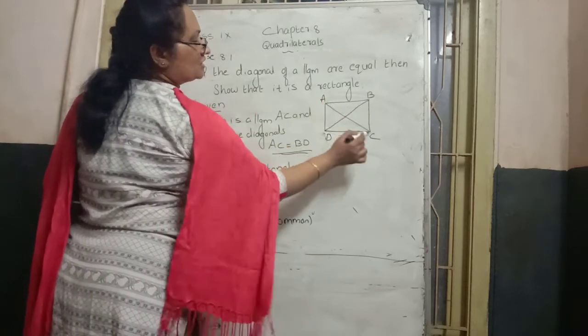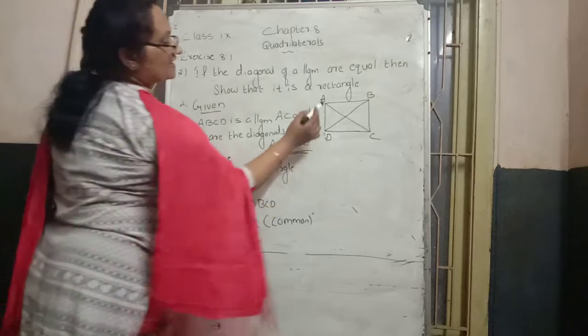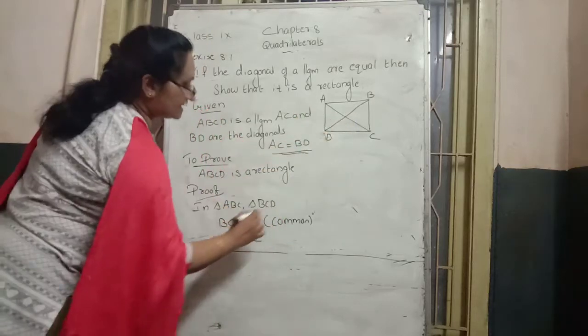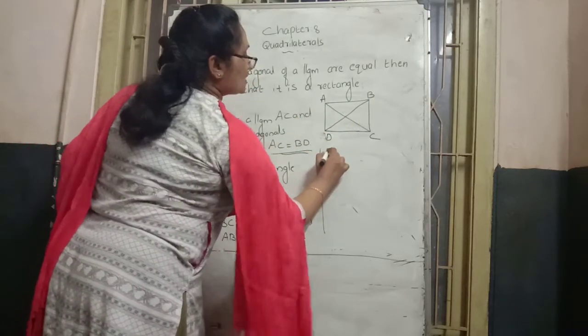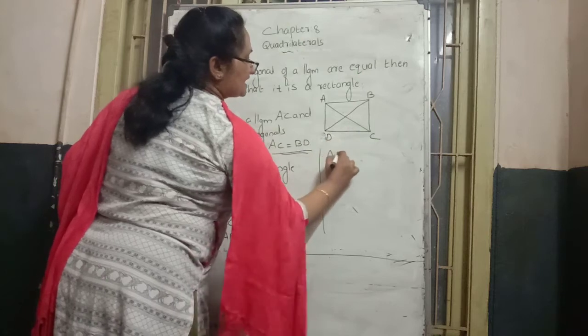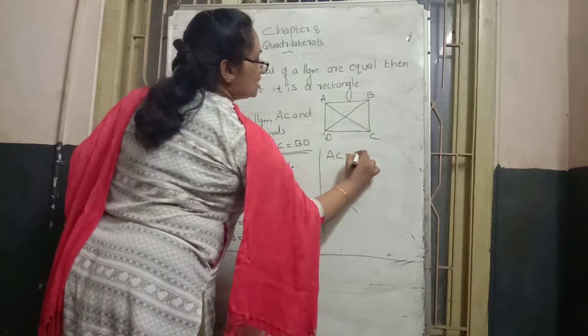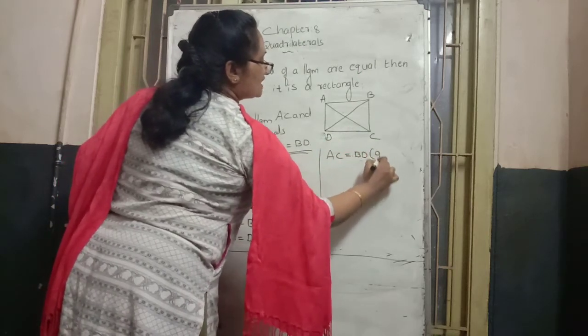They are equal. AC is equal to BD, which is given in the question.